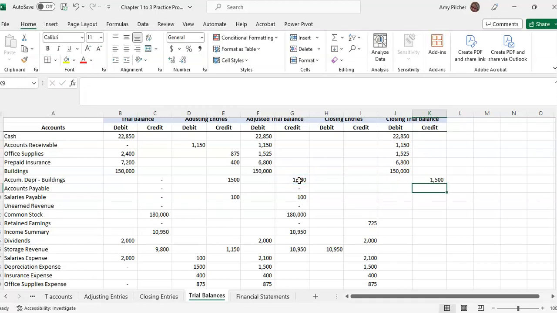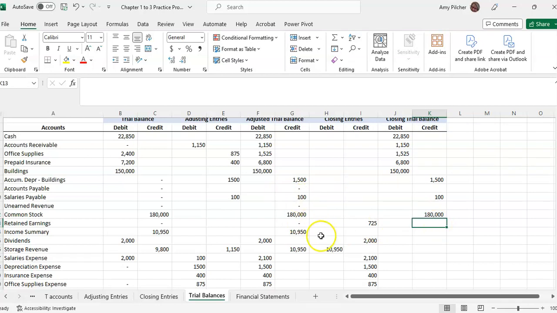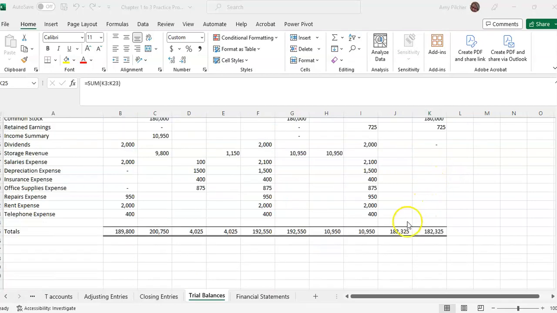No changes to depreciation expense or salaries payable or common stock. Okay, but we did make changes to some, so now we have that our debits equal credits, and this is true all the way across.